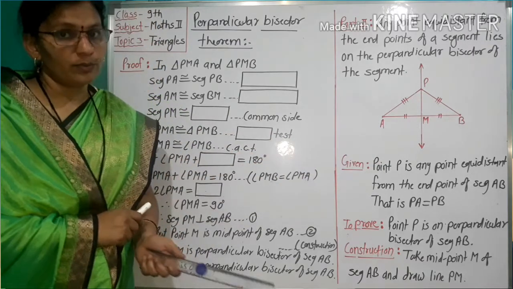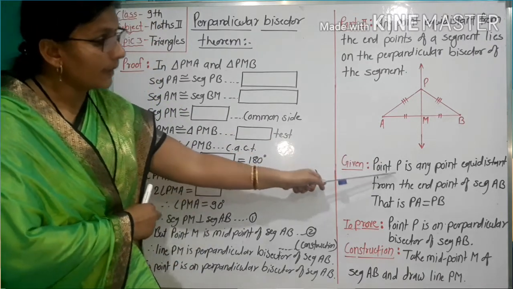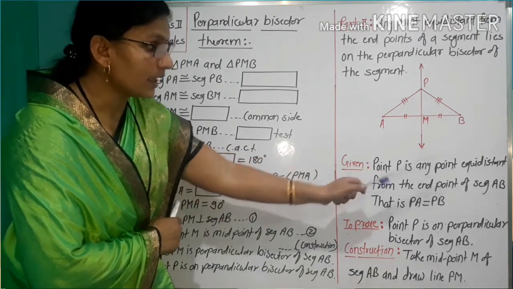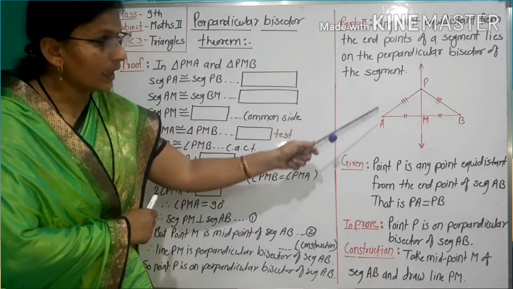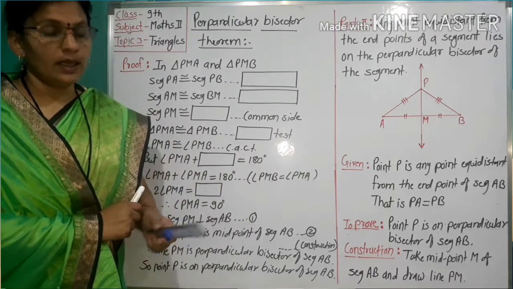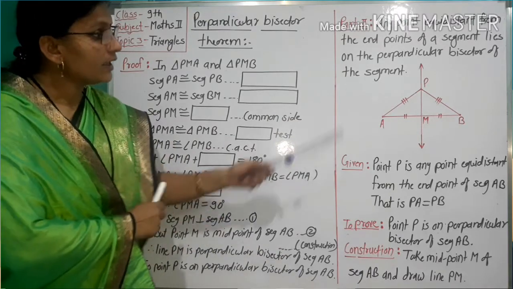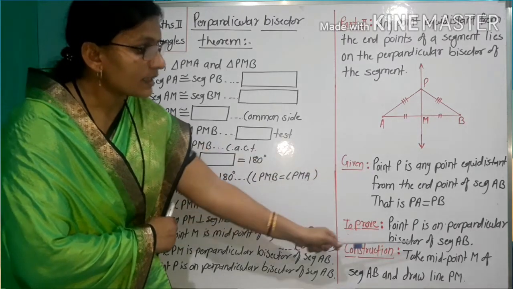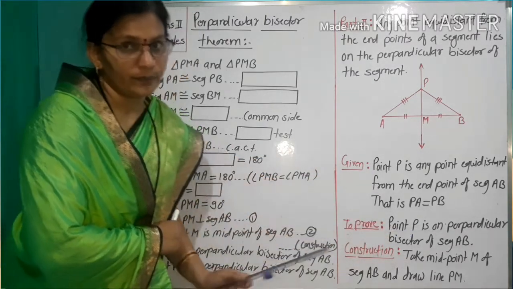So the given part of that theorem is that point P is equidistant from the endpoints of segment AB, that is, PA equals PB. We have to prove that this point P lies on the perpendicular bisector of segment AB.